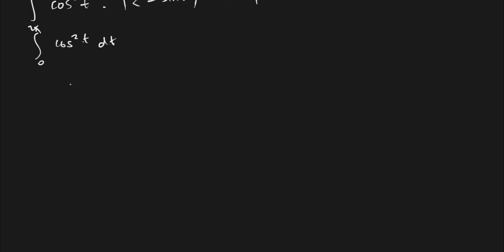Now we can rewrite cos squared t as 1 plus cos 2t over 2. Let me just check that's correct, because it's been a while since I've looked at these identities. I just want to make sure I've got that right.